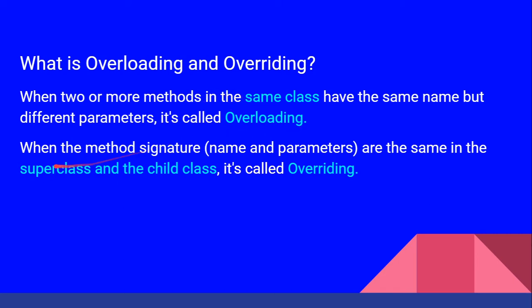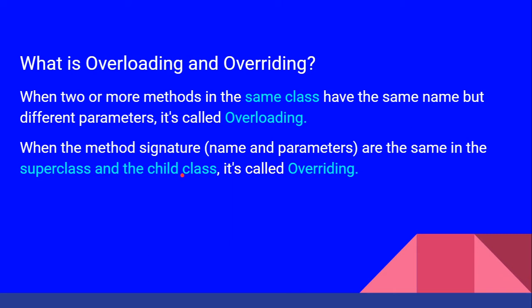Now what is overriding? When the method signature, and what is a signature? The name and the parameters. When the method signatures are the same in the superclass and the child class, then it is called overriding. So here the difference is that there are two classes, the parent class and the child class. This happens only in the case of inheritance.